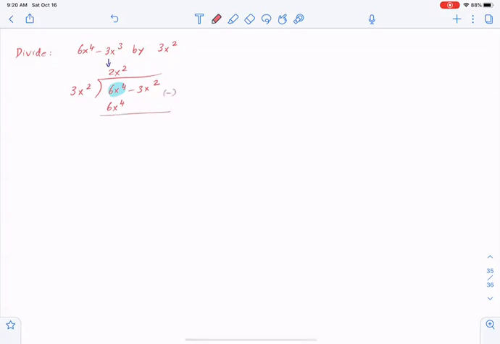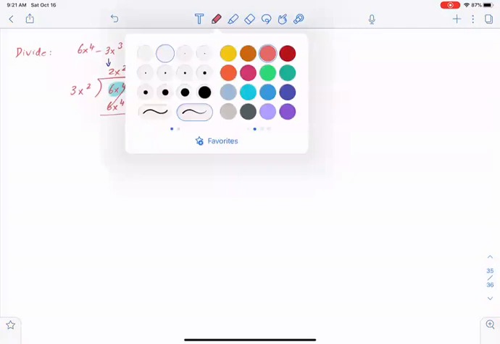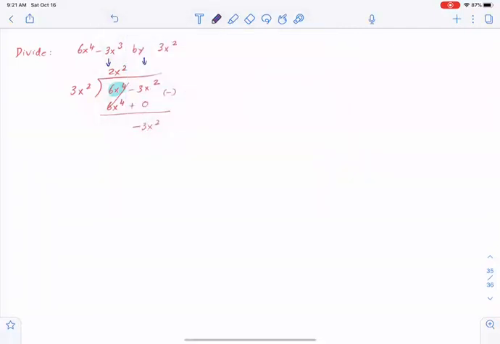Now I'm going to subtract. There is nothing here, so I can put a 0. 6x to the 4th minus 6x to the 4th will get cancelled. Minus 3x cubed minus 0 is minus 3x cubed. So I've got to come up with a number here so that I get negative 3x cubed.